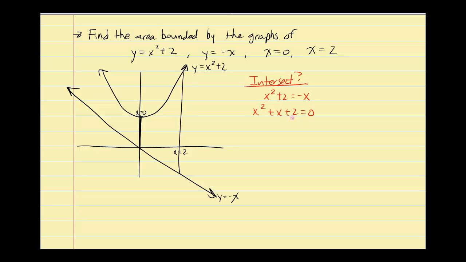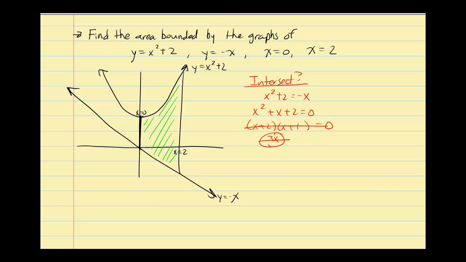And we see that no matter how we factor this, 2 is a prime number and all my values are positive here. So if it did factor, to get these first and last terms, this is how it would have to factor. But notice here my outside and my inside sum to 3x, so this does not factor nicely. I don't have a point of intersection, I have imaginary roots. So this is the area that I'm trying to find.